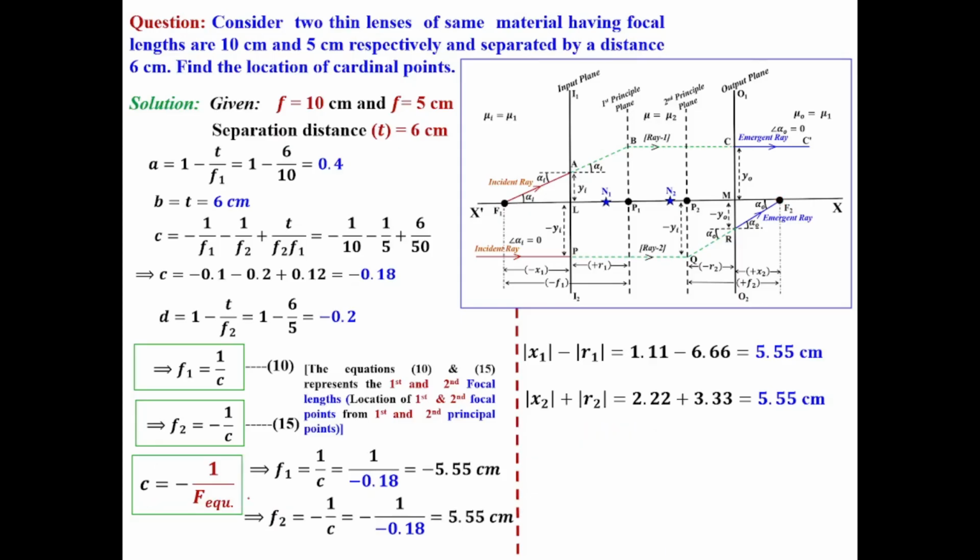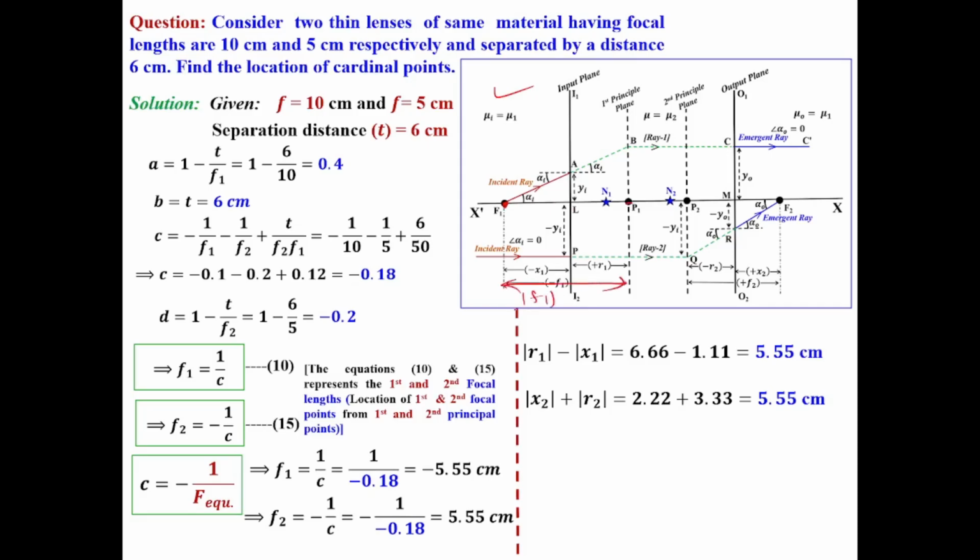Now we are going to validate the length between the first principal point and first focal point, and the second principal point and second focal point. In this figure, this is the focal point, this is the principal point, and this length is the so-called f1.